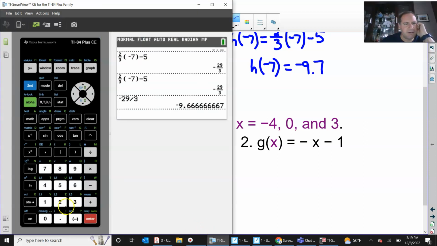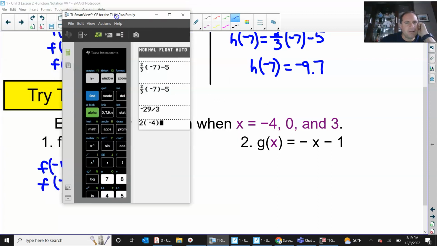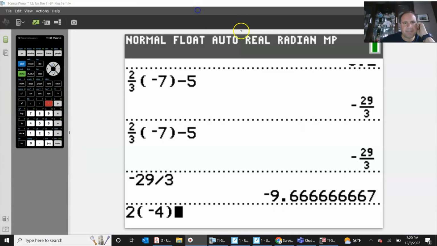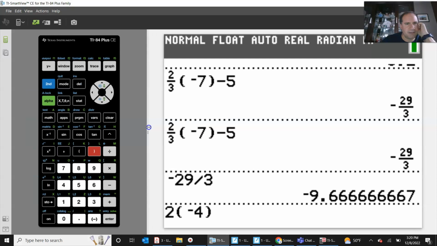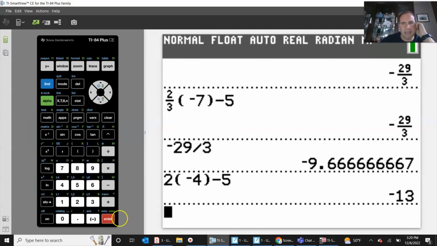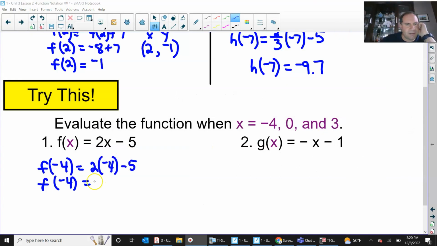Grab your calculator: 2 times negative 4 minus 5, and we have negative 13. So this is f of negative 4.